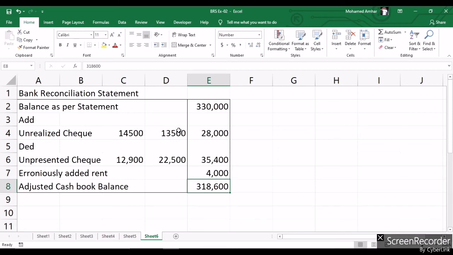As soon as the checks are presented, the bank has to give it. So we can show that in the bank reconciliation statement.